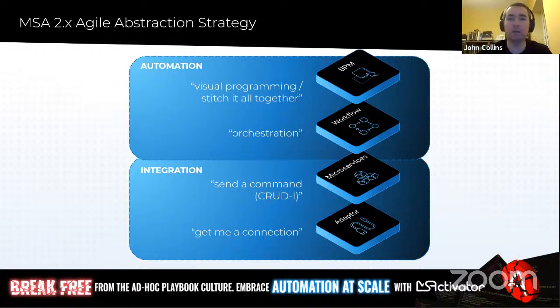Now, once we have that connection established, we then want to do something with it, obviously. So this is where the microservices layer comes in. The best way to think about the microservices layer is it's like an API that's going to wrap the infrastructure in a very simple API, which is based on CRUD, which I'm sure you're familiar with: create, read, update, delete.